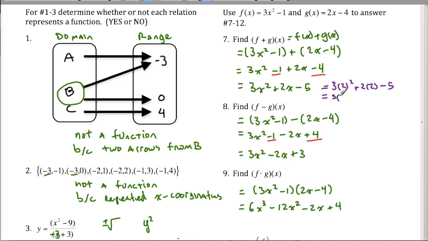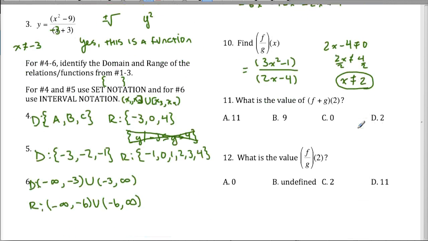So I have 3 times 4 plus 2 times 2, which is 4, minus 5. So 3 times 4 is 12. 12 plus 4 minus 5. And 12 plus 4 is 16. 16 minus 5 is 11. So I scroll down here, and my answer is A, because f plus g of 2 was 11.